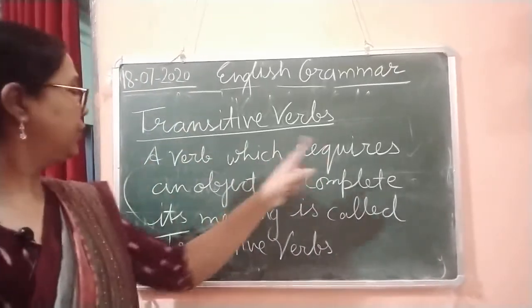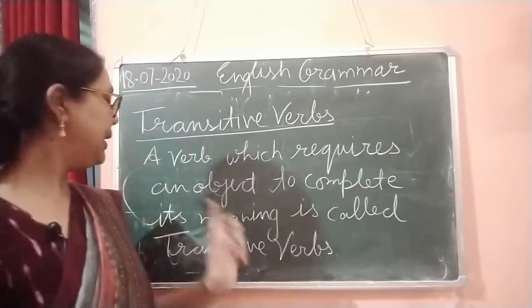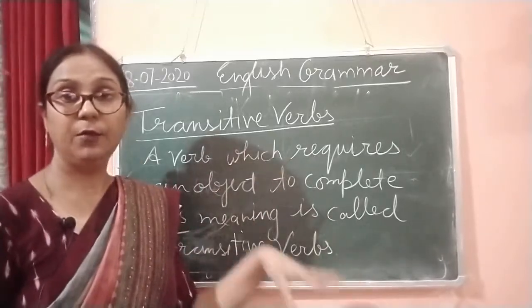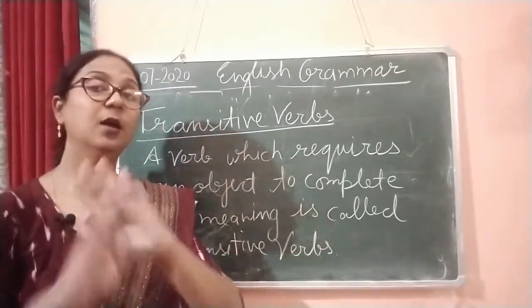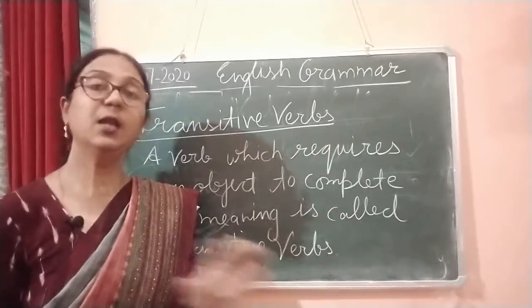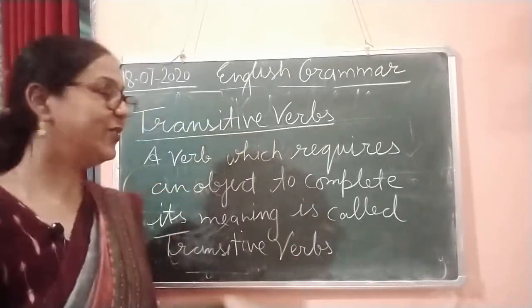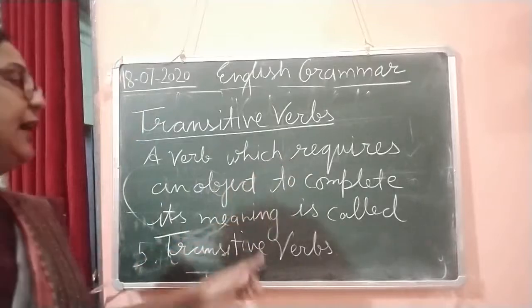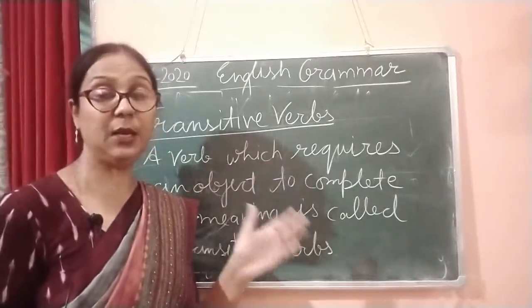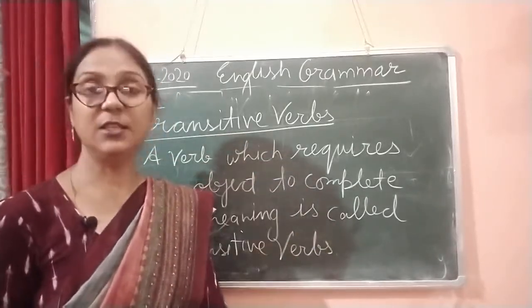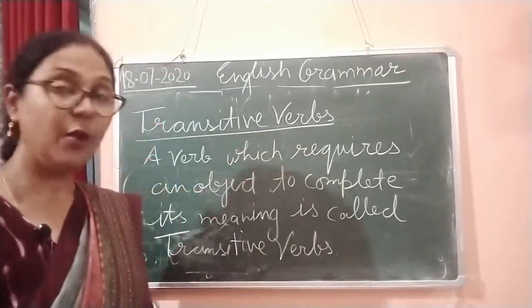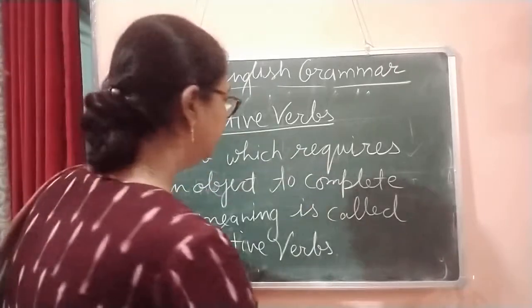A verb which requires an object to complete its meaning. Without an object, the sentence is incomplete. So a verb which requires an object to complete its meaning is called a transitive verb. Now, an example I am going to give you.